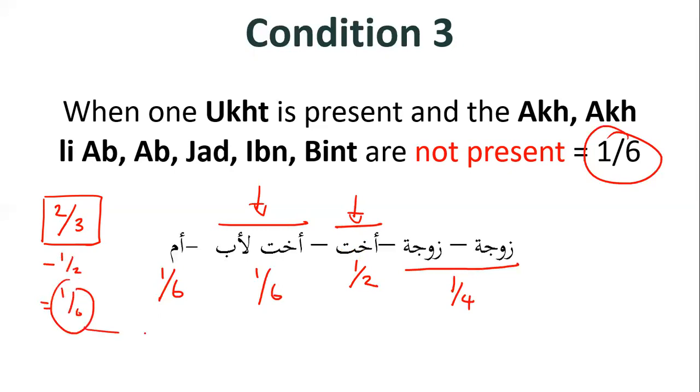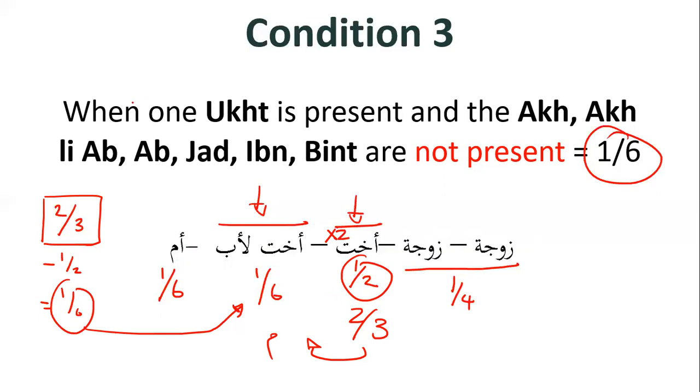And therefore, this 1/6 can be assigned to the ukht li abin. Which also helps us to understand that had there been 2 ukhts over here, they would have received 2/3 of the inheritance. And as we shall learn in condition number 6, when this takes place, then the ukht li abin will become mahroom or mahjoob.